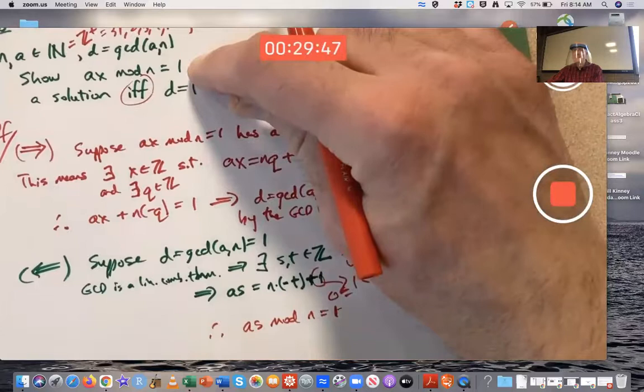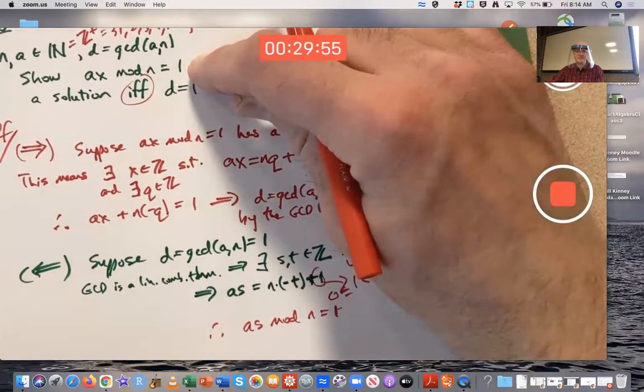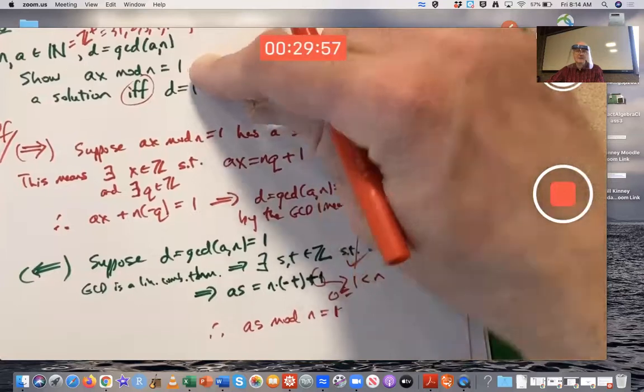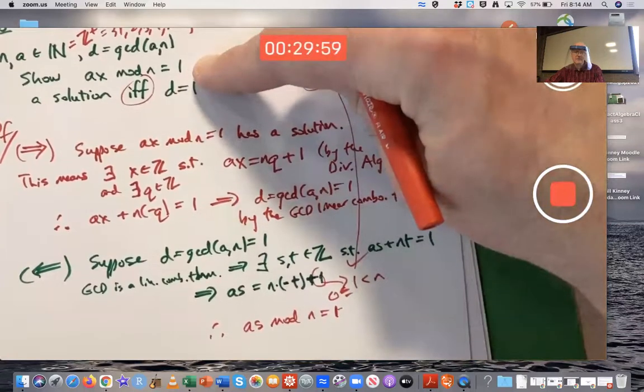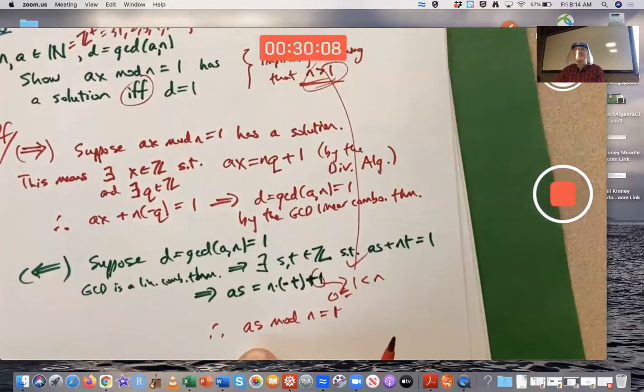It's the number s, whatever s happens to be. S is something specific here, depending on a and n. This is not the word as. I glanced at that and I'm like, is that the word as mod? No, it's a times s.